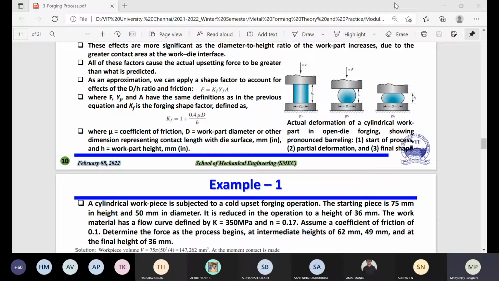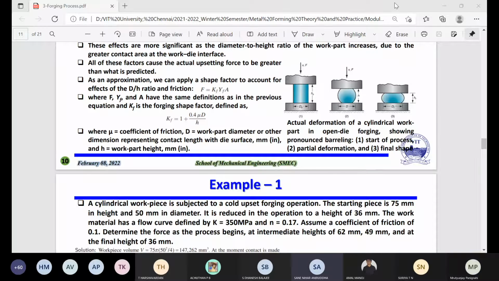What is the equation you have taken? 1 plus 0.4 mu d by h. So 1 plus 0.4 into mu, how much is mu? 0.1. Yes, sir. And d is how much? 75. Sorry, D is 50.